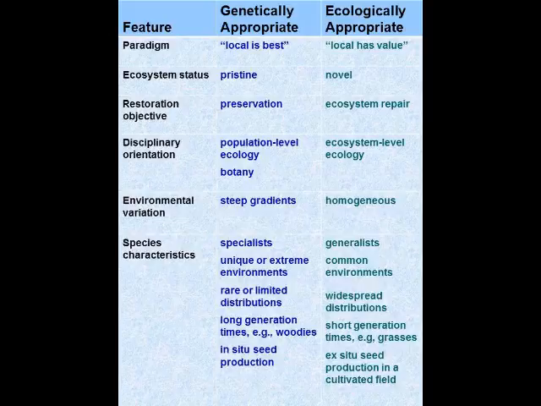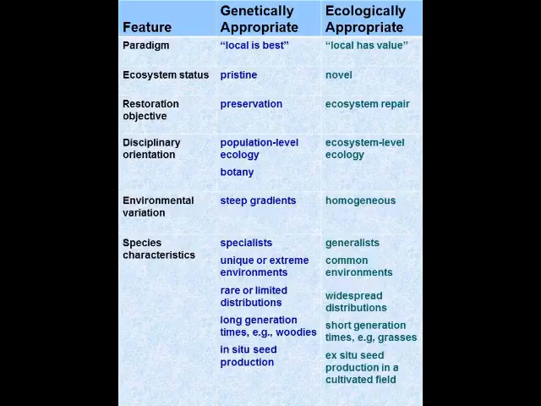Species that are specialists come from unique or extreme environments, are rare species or have limited distributions, have long generation times, for example, woody plants, those in which the seed production must be produced in situ, like in a lot of conifers, where we must produce seeds, cones from these forests used on site. This is where the genetically appropriate and local is best paradigm is of greatest value.